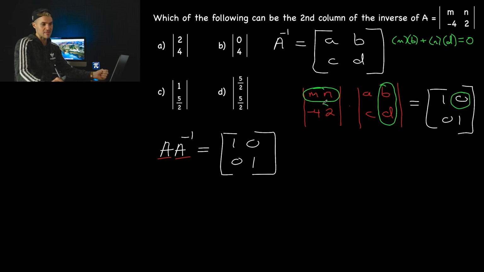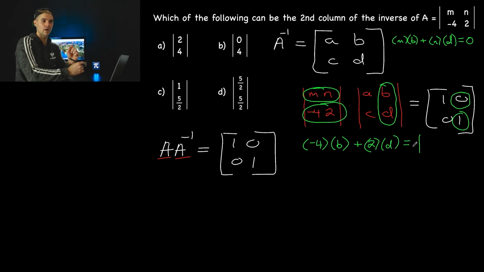However, we can use this second row of the first matrix A. If we're taking the second row of the first matrix, multiplying it by the second column of the second matrix, that's going to give us the entry in the second row, second column, which is basically this 1 here. So we know that -4 times B plus 2 times D has to equal 1.